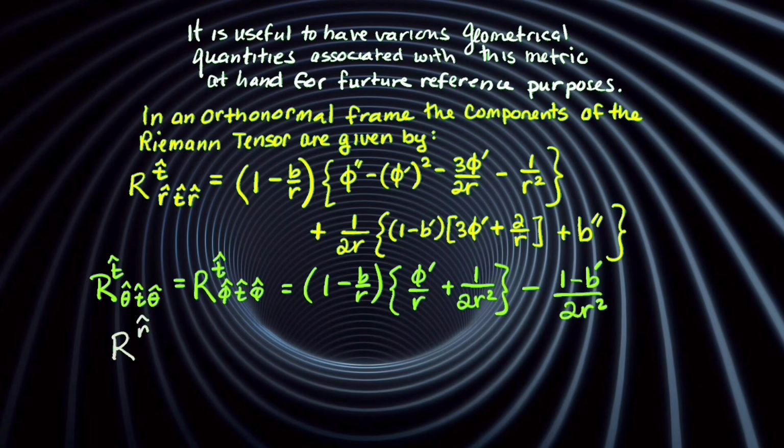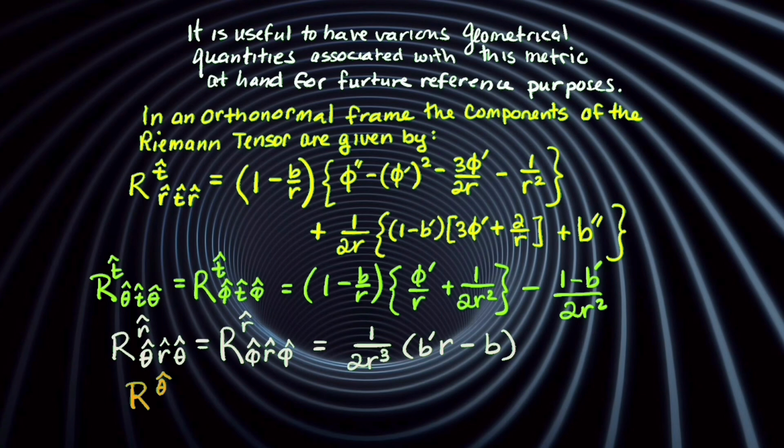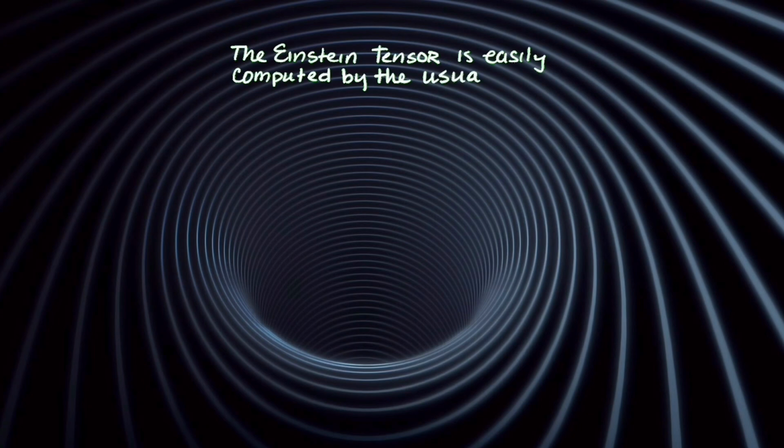Many of the Riemann components are zero due to the spherical symmetry. And here the primes are denoting differentiation with respect to r. The Einstein tensor is easily computed by the usual standard, but tedious manipulations.